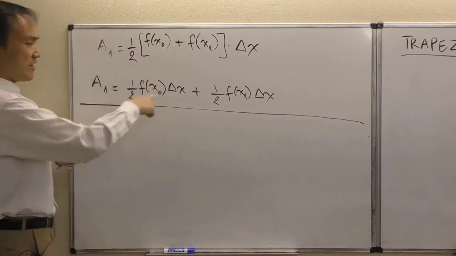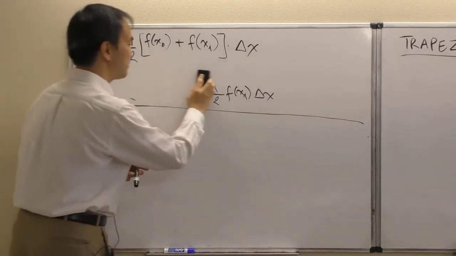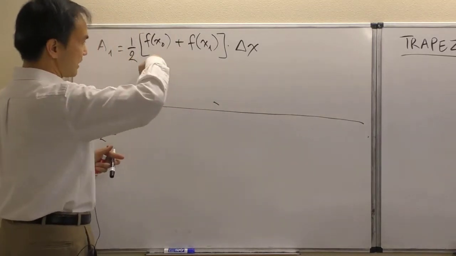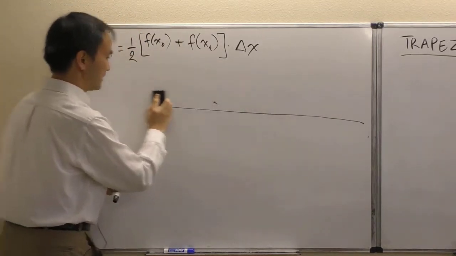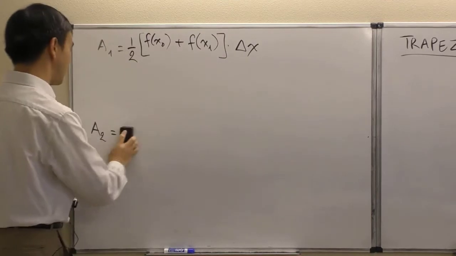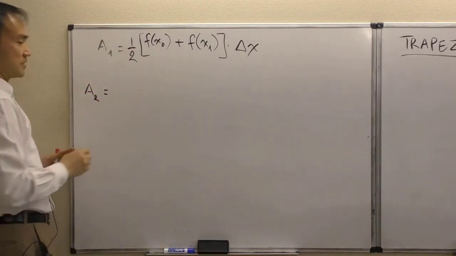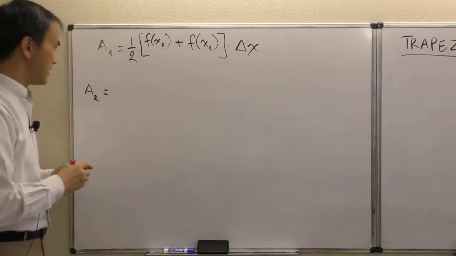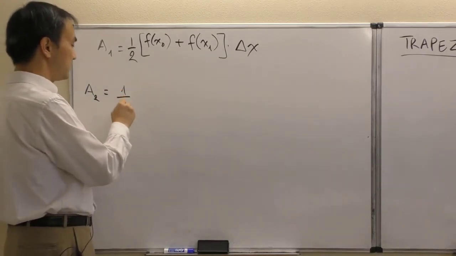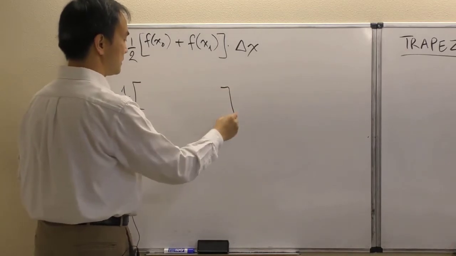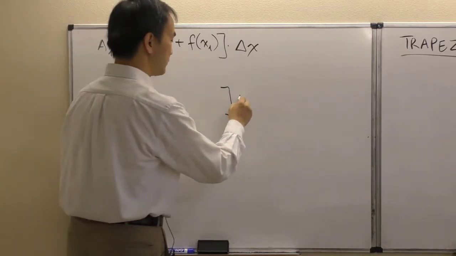Actually, I don't even have to do this part. I can just skip this line right here and leave everything the same way with the brackets involved. We don't need to make things unnecessarily complicated. So the area of trapezoid number 2 is going to be 1/2 times base 1 plus base 2, times the height delta x.